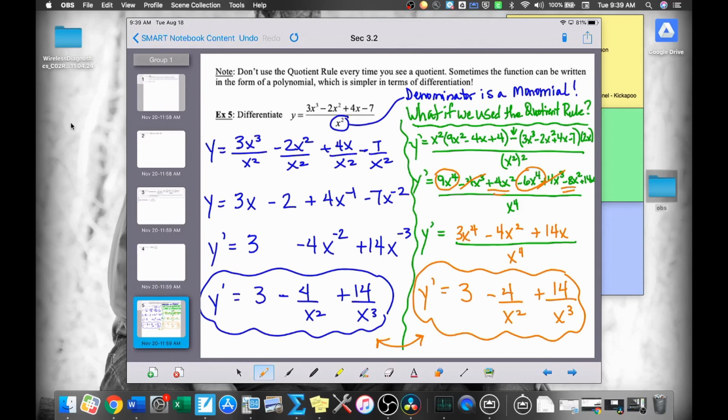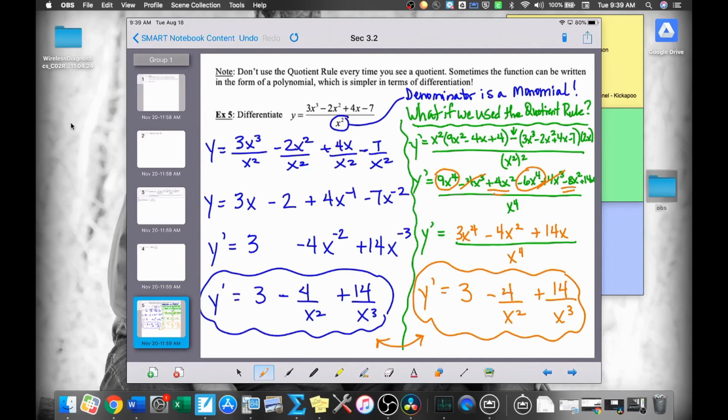But I think you will agree that number one, the power rule was easier, and number two, there was a lot less chance for error with that method than there was with the quotient rule. I had to do so much more algebra when I did the quotient rule, and there were a lot more opportunities for me to make an error either with my signs or with my combining like terms or with my dividing.